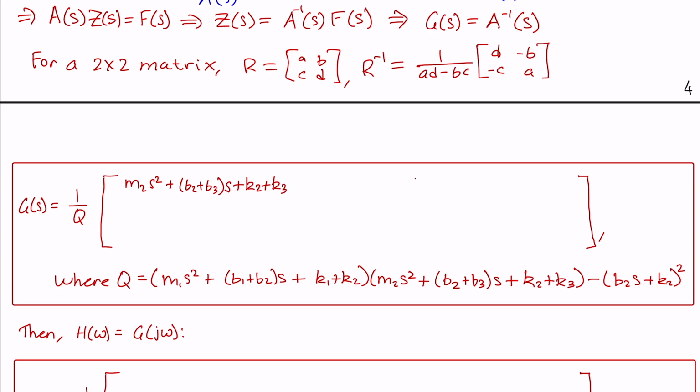Over here, we're going to get B2 s plus K2. Down over here, we're going to get B2 times s plus K2. And then lastly, we're going to get M1 s squared plus B1 plus B2 times s plus K1 plus K2.